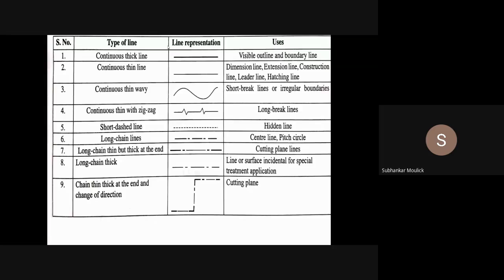Fine. First one is very thick. Second one is very thin. So when I will use this continuous thick line, I will use it for outline purpose. If you have drawn anything, the outline of the drawing will be drawn by this continuous thick line.